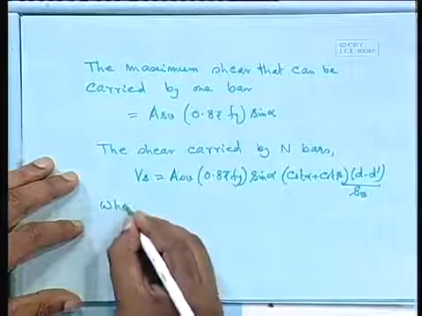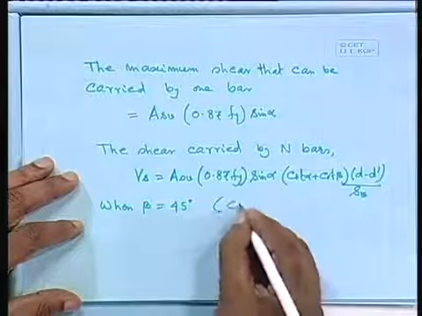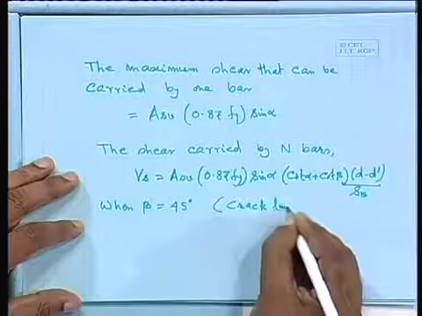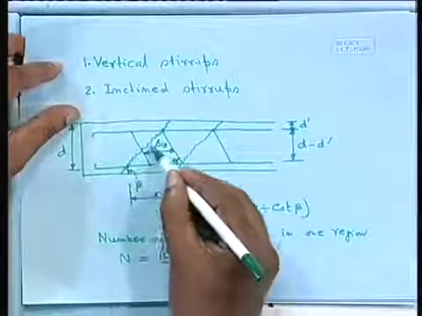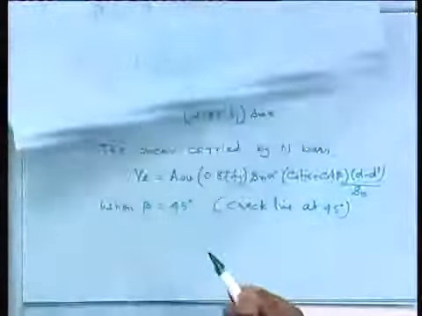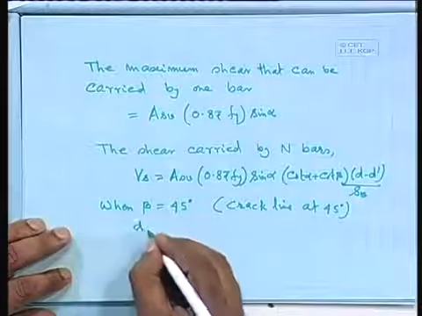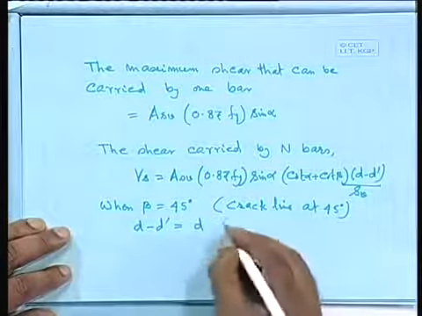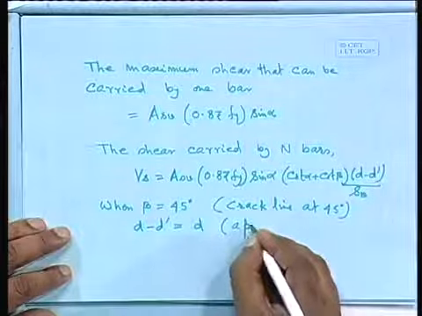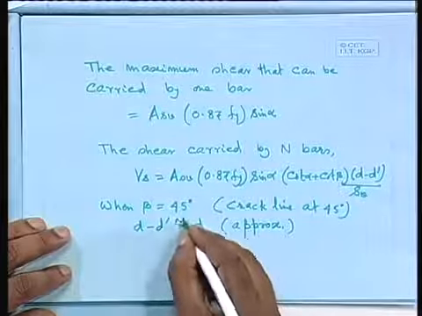When the crack we are assuming at 45 degree, that crack line at 45 degree, so beta equal to 45 degree, and let us assume D minus D dash equal to D, approximately, because we can ignore it.